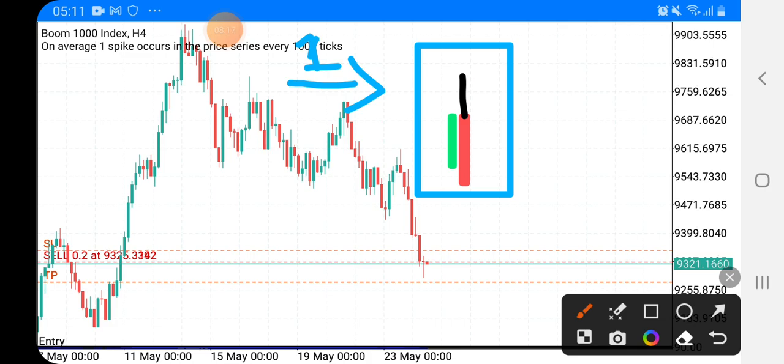After this we also have the doji, the indecision candle. So just have a candlestick like this. You might have a small wick to the upside.